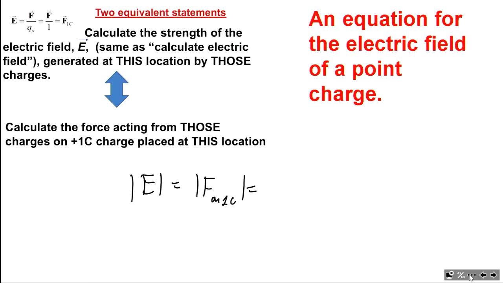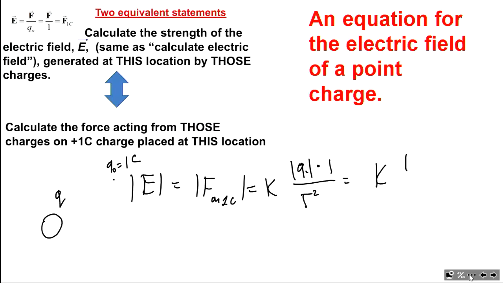So if I have a source charge, let's call it Q, and if I have a test charge, which equals 1 Coulomb, applying Coulomb's law says magnitude of Q times 1 over distance squared, and anything times 1 is just the same thing.